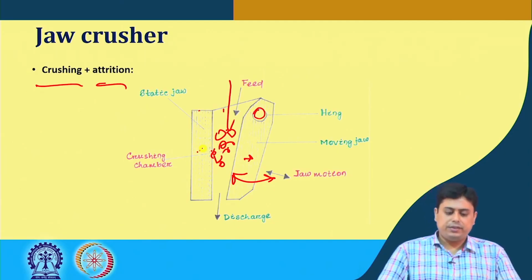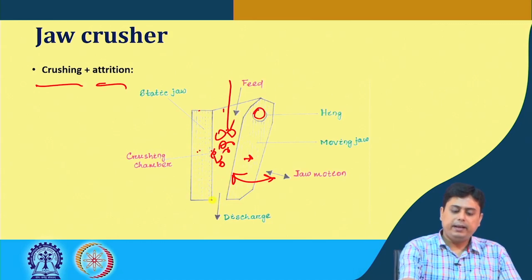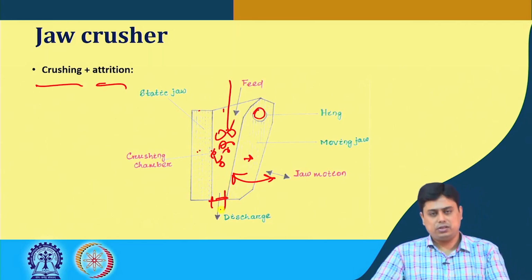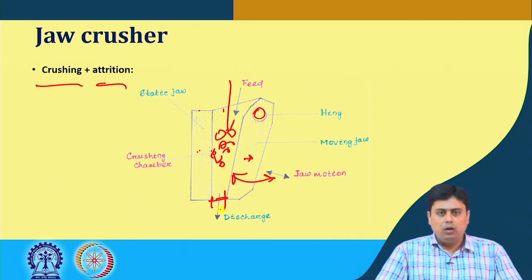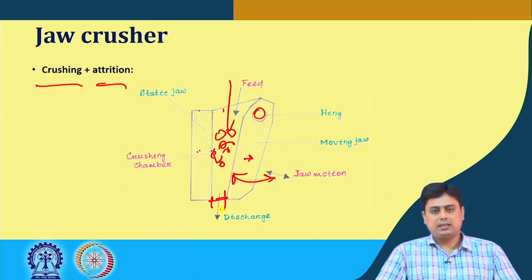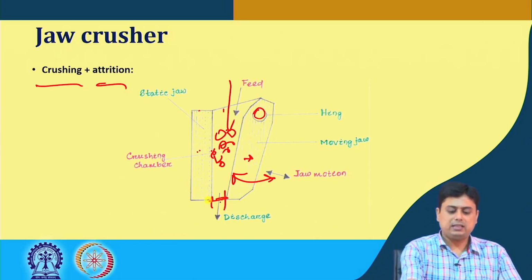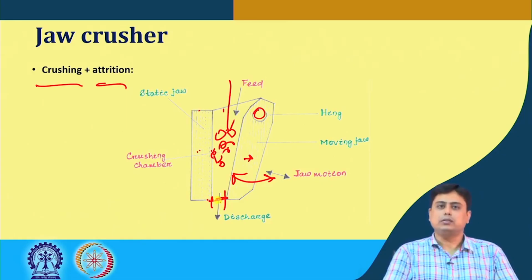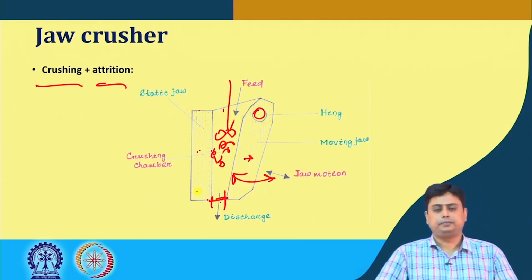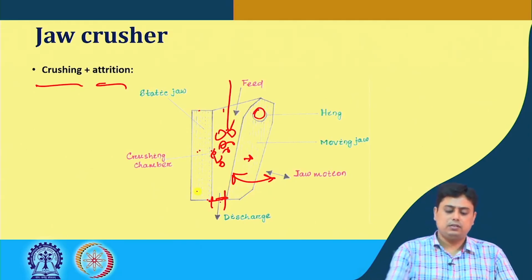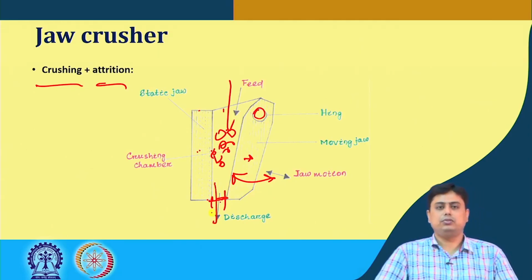Now, in this case, the interesting phenomenon is that depending on the discharge size, the outlet particle size range varies. So, you can control the product size range by adjusting this gap at the outlet or the movement of this impact. If it is small enough, it will be discharged through the gap.